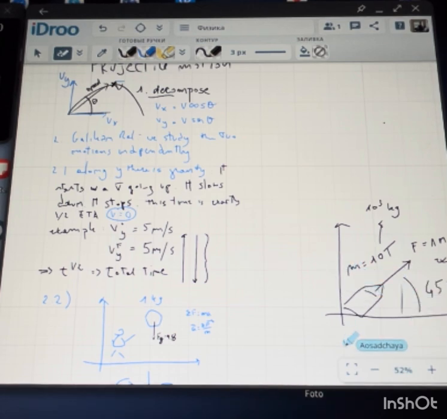What do we decompose now? Vy, Vx. Is the initial velocity given? No, but the initial force is given. So only the initial force.